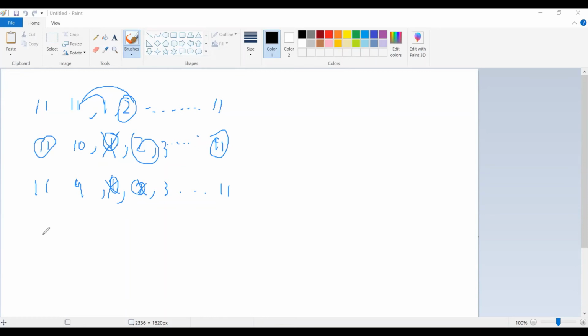So this pattern will keep going. If you have 11, 1, then 1 won't work, 2 won't work, and you'll need to get to 11 for it to work.